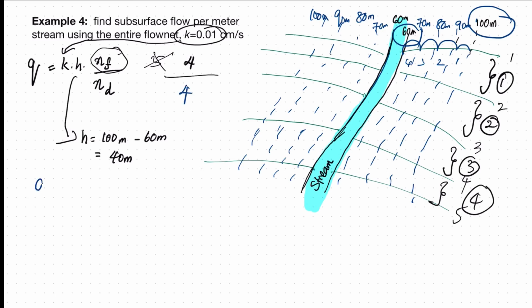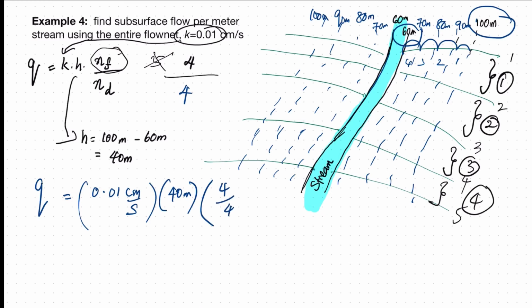Then you include all in the equation. K is 0.01 centimeter per second, H is 40 meters, and then you have 4 divided by 4. Then you will get your answer as 4 times 10 to the minus 3.